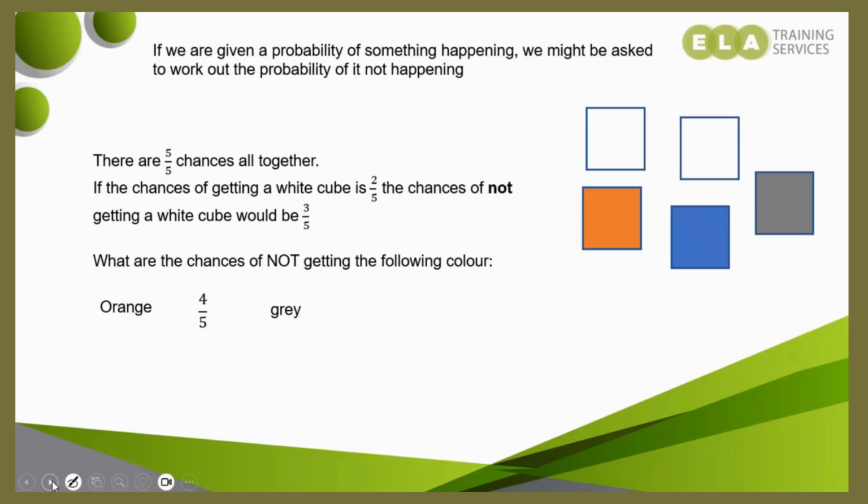The probability of getting grey would be 1 out of 5. So the possibility of not getting grey would be 4 out of 5. And then finally, green. What would be the probability of not getting green? The chances of getting green would be 0 out of 5. So not getting green would be definitely certain, because green's not there.